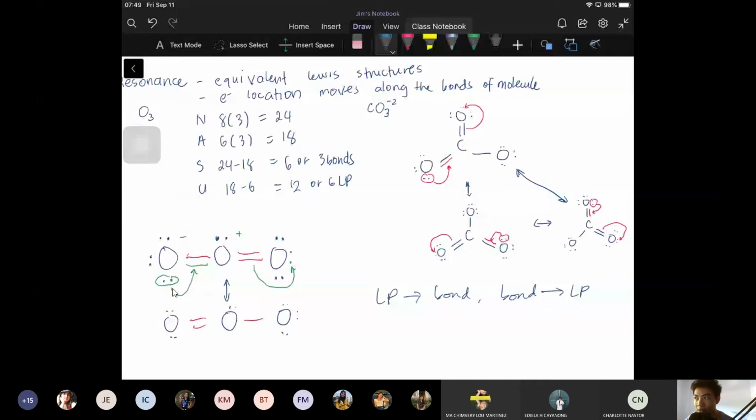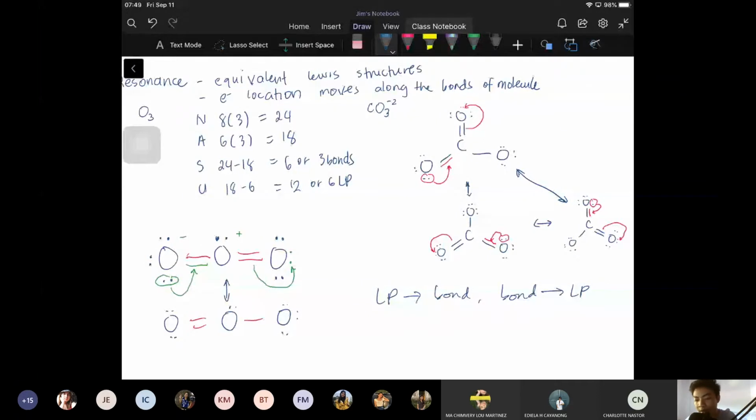Okay. So dapat yung adjacent atoms yung gumagawa nun. The adjacent atoms will push the electrons para makagawa ng ganitong sequence: lone pair to bond, bond to lone pair. Okay. So that's basically the resonance structure. So we will discuss this further in organic chemistry.